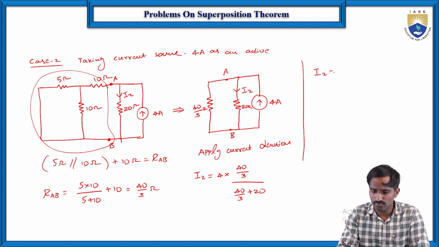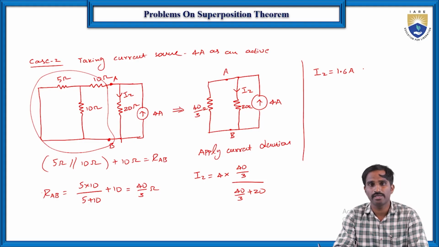If you simplify this, you will get I2 is equal to 1.6 amperes.